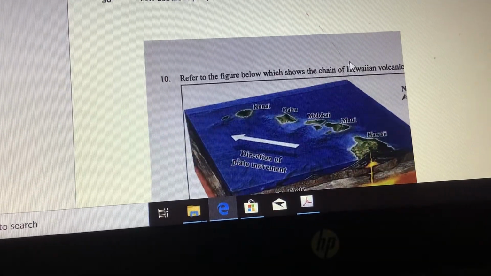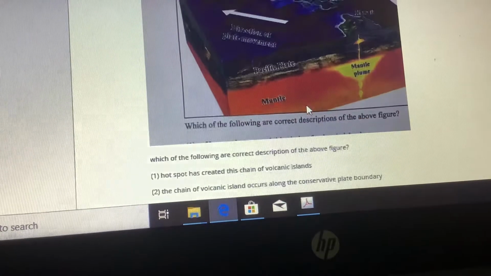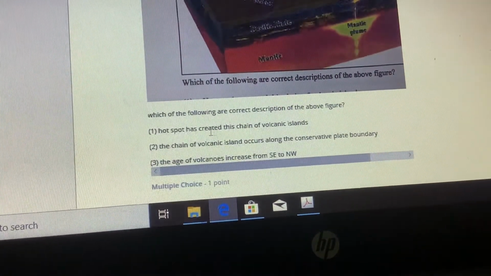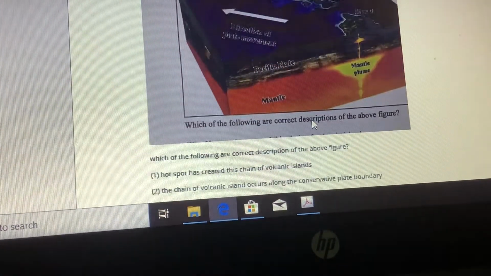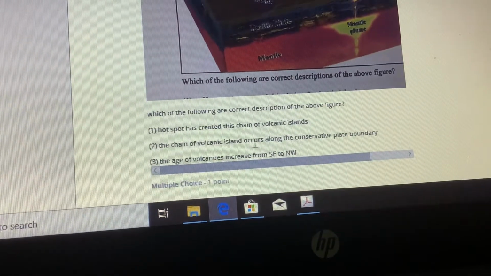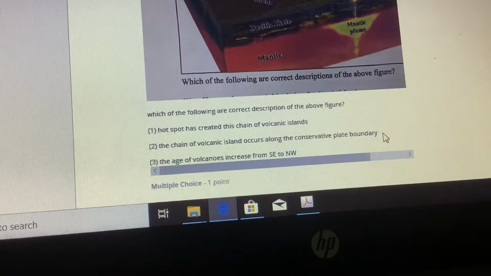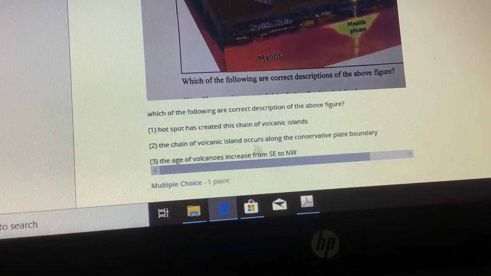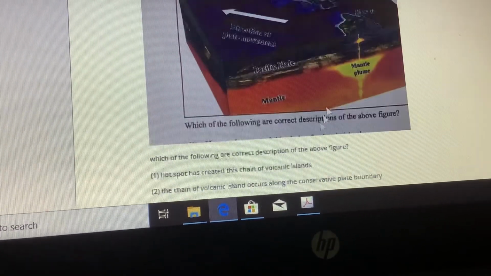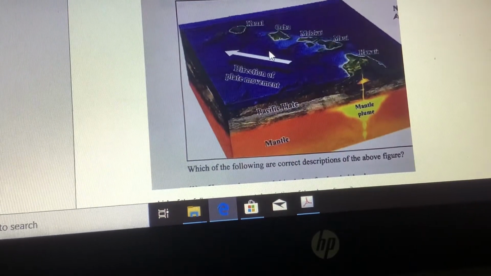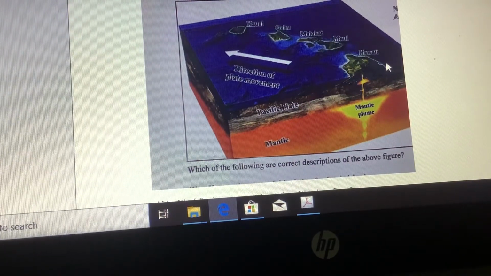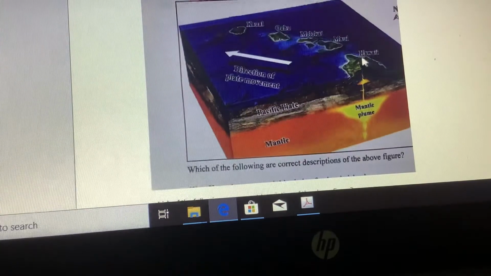This one, Hawaiian. Wow, first time we have hotspot. Which of the following are correct? Hotspot creates a chain of volcanic islands. This one is right. The chain of volcanic islands occurs along the conservative plate boundary. Wrong, the hotspot is not at the plate boundary. And then the age of the volcanoes increases from southeast to northwest.